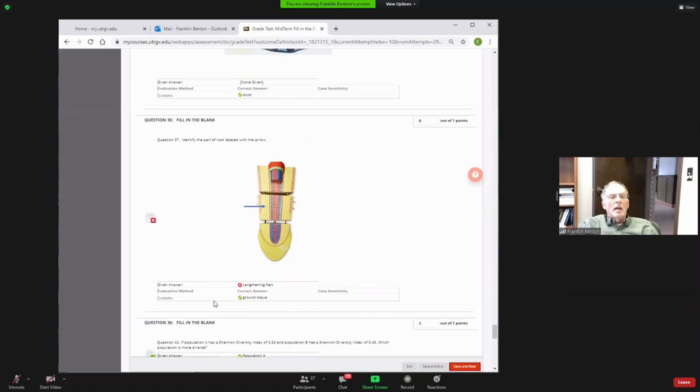Okay. If population A has a Shannon diversity index, that was in the lab. Guess what? I'm giving everybody credit for that one. Because I didn't cover it.